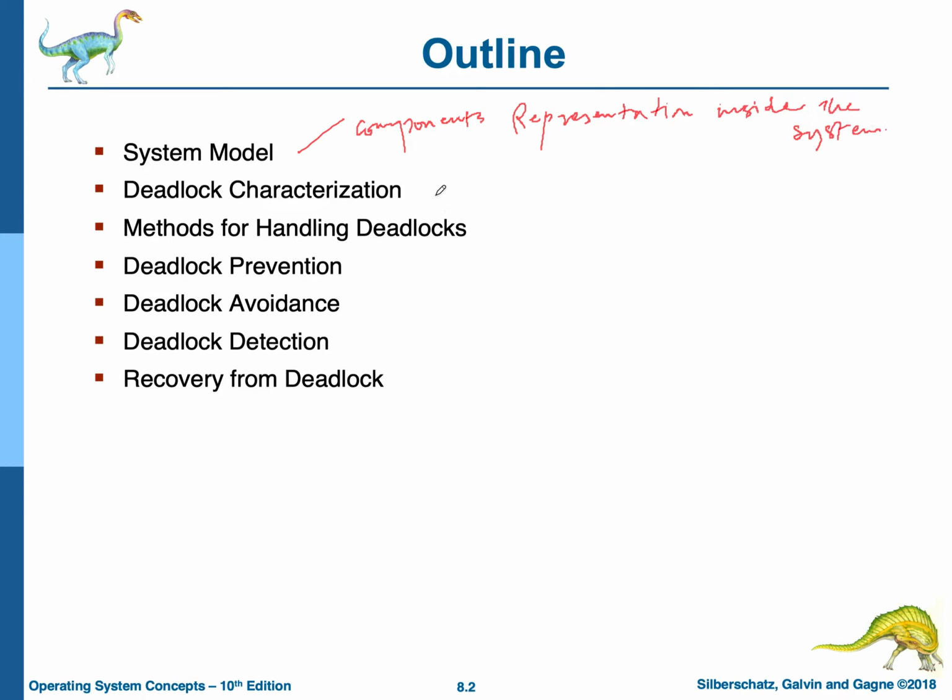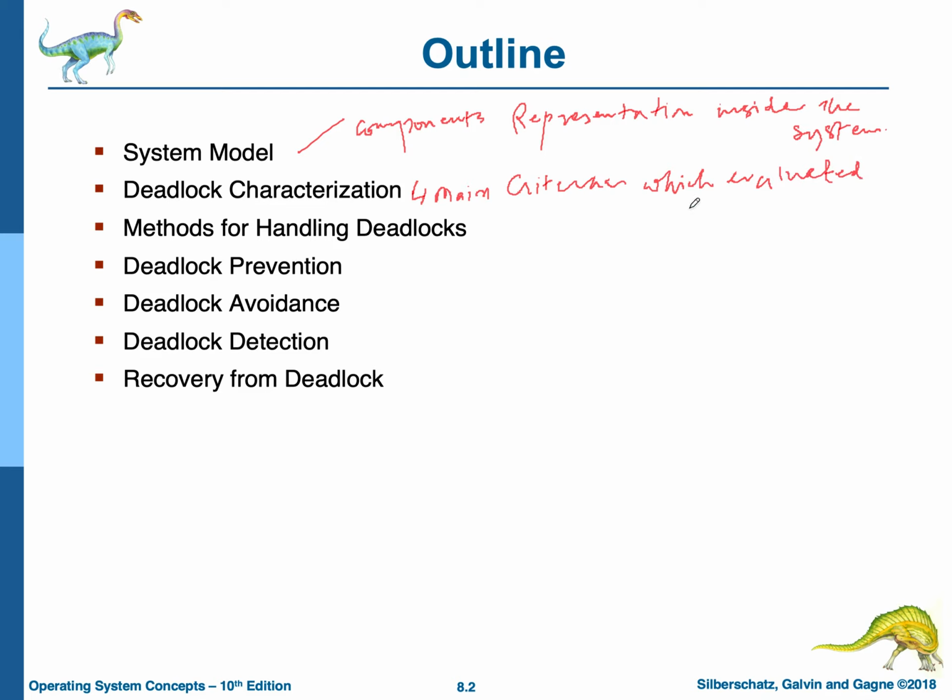And then we will see the deadlock characterizations. Actually, there are 4 main criteria which are evaluated to see if there is a deadlock or not.